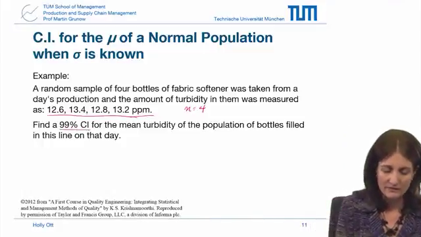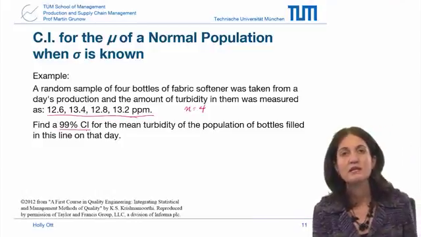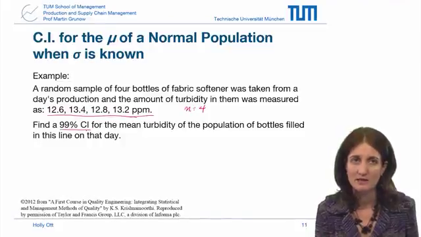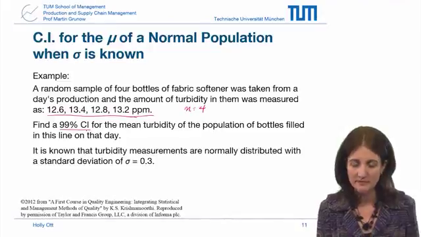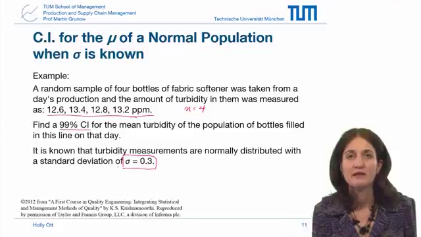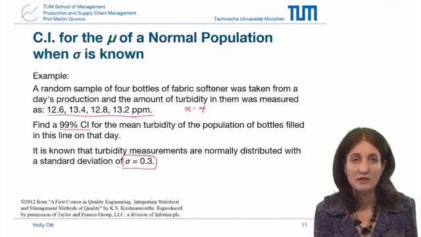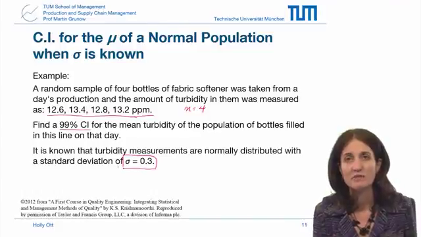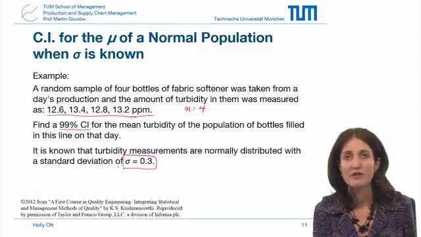Now, we need to find the 99% confidence interval for the mean turbidity of the population of bottles filled on this line that day, based on our sample. We're given that the turbidity measurements are normally distributed and have a standard deviation of sigma equals 0.3.